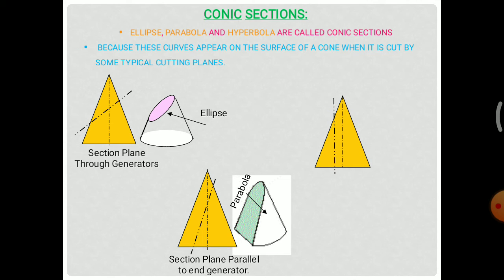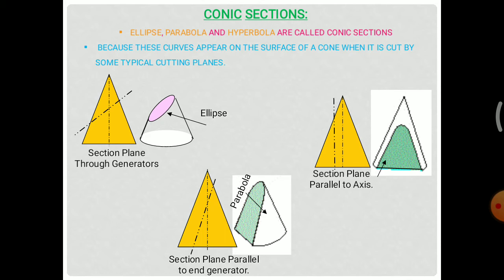And next, in the next section, the section plane is parallel to the axis, and we obtain a hyperbola here. So these are the basic three sections of a conic section.